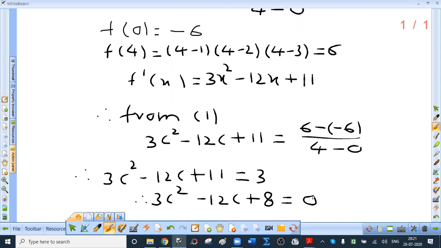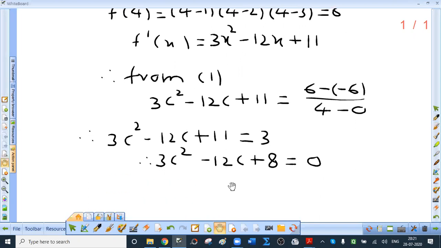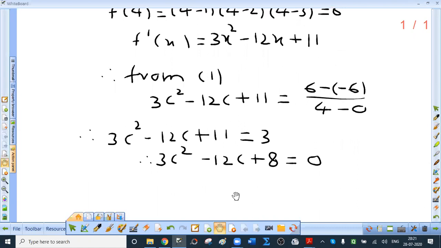Now, can you find the factors of this? No, factors cannot be obtained. So you have to use the formula. So what is difficult? Finding the value of c by using the formula of roots of a quadratic equation. So tell me what is c? It is plus minus, in fact minus b. So minus of minus 12, that is 12, plus minus root of b square.